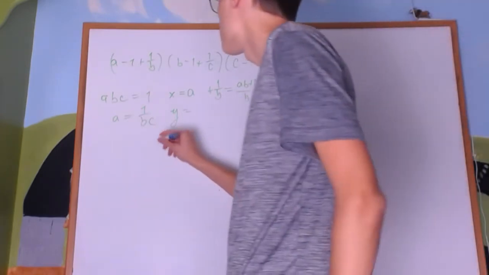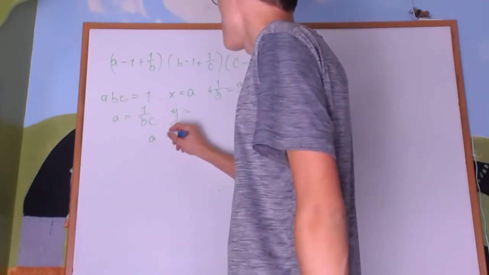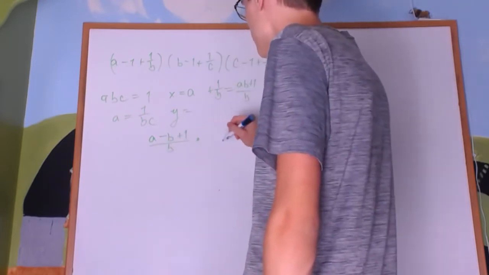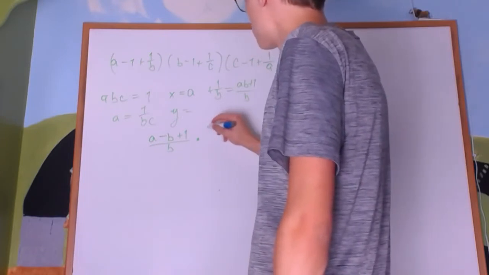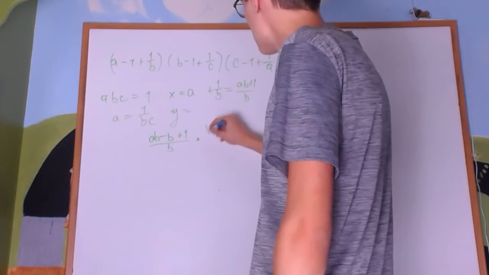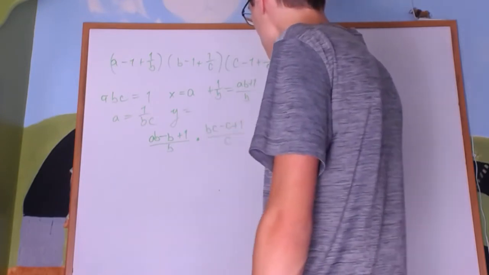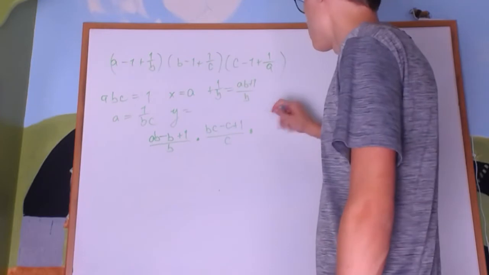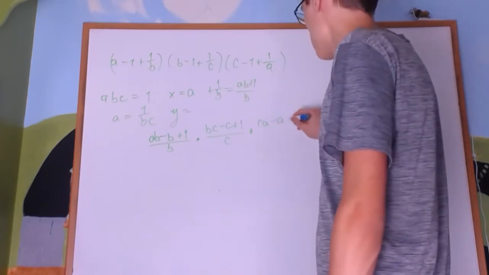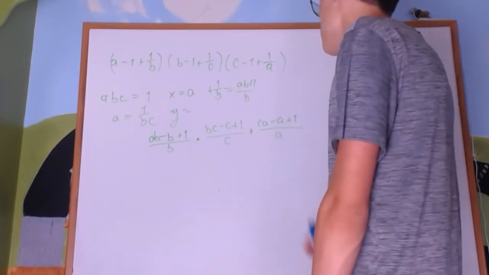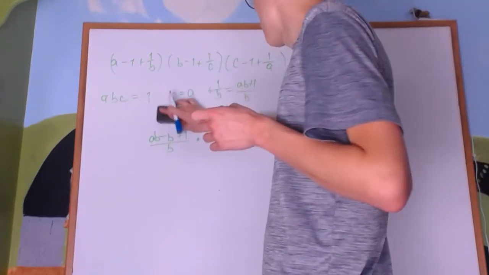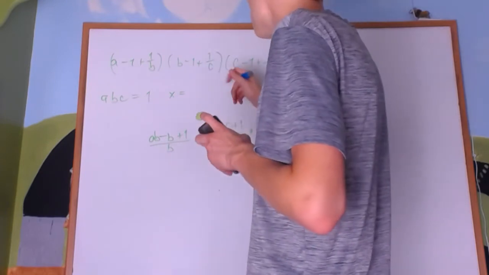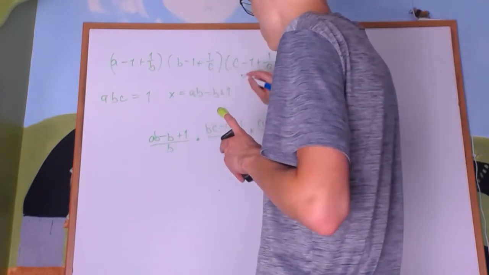So maybe, alright, A minus B plus 1 over B times AB minus B, BC minus C plus 1 over C times AC, or CA minus A plus 1 over A. So I guess what I could do is do... So X is AB minus B plus 1.